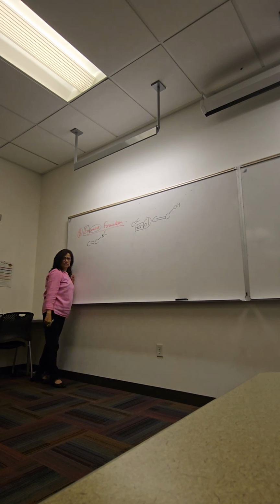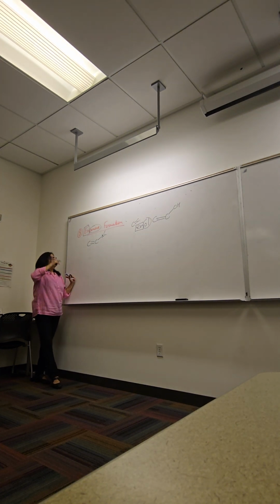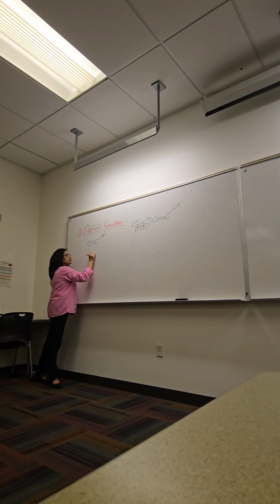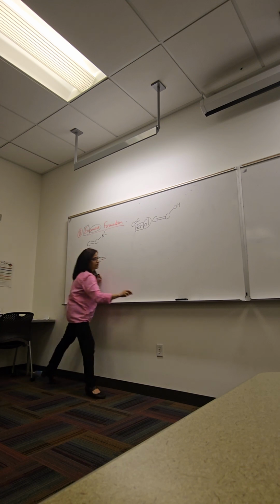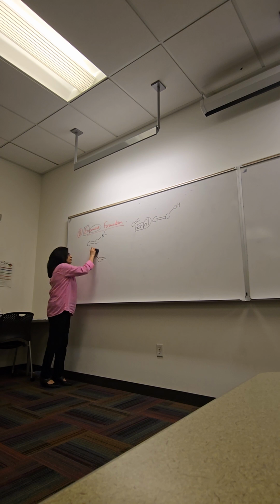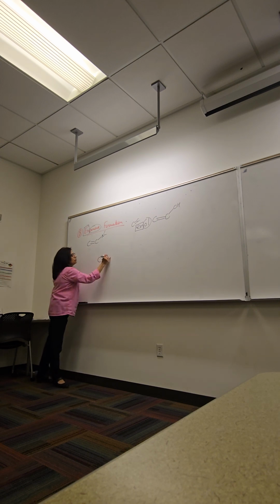So aldehydes or ketones, I have to draw this a little bit differently because it's tiny, that have at least one alpha hydrogen.